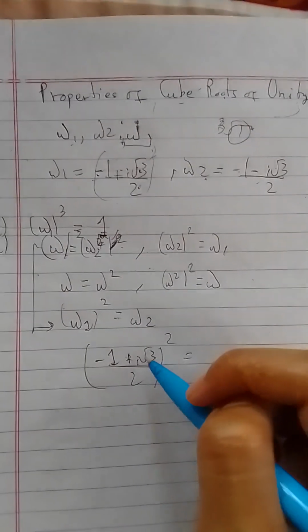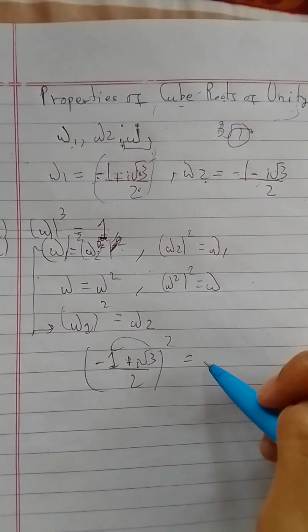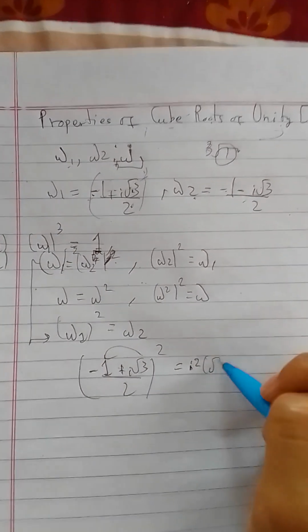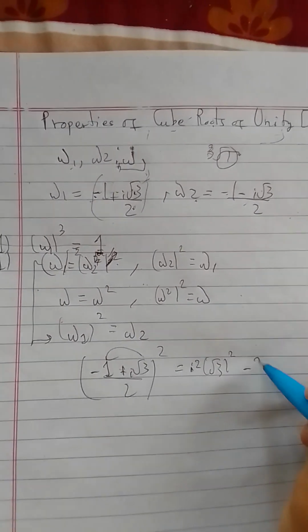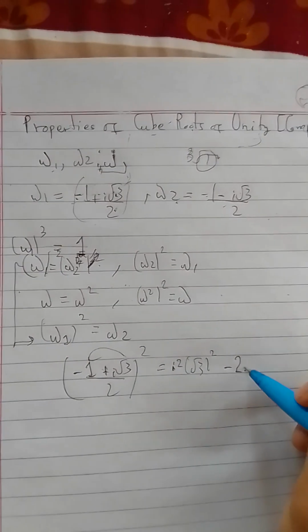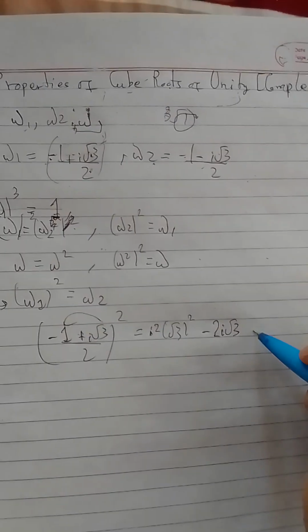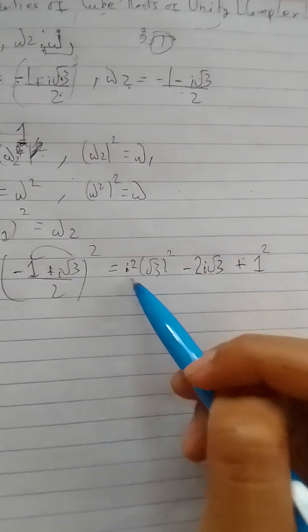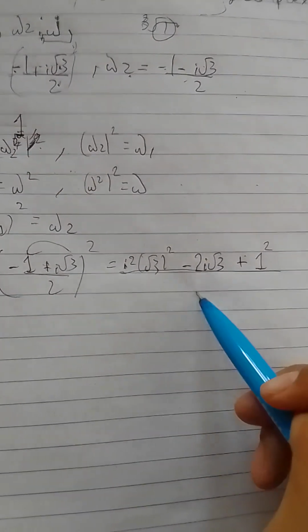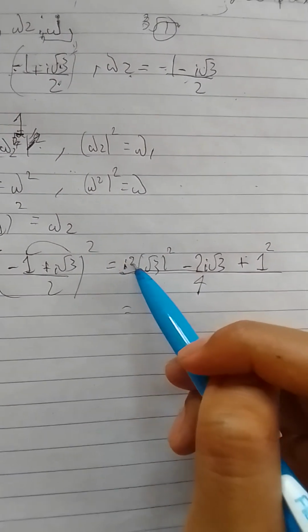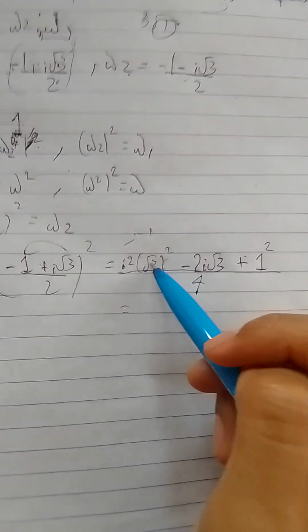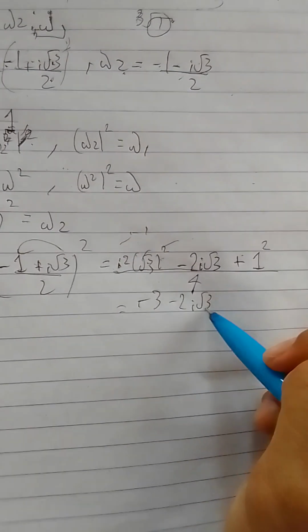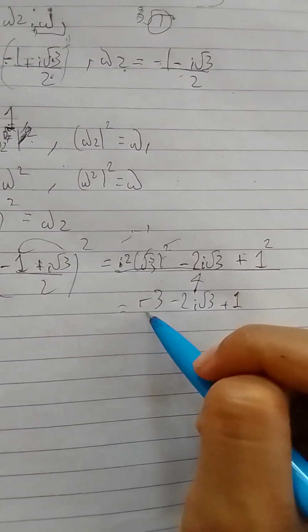We can use (a minus b) whole square, which is i square root 3 square minus 2 into 1 into i root 3 plus 1 square, whole by 4, equals, well, i square is just minus 1, into this cancel, minus 3 minus 2 i root 3 plus 1.